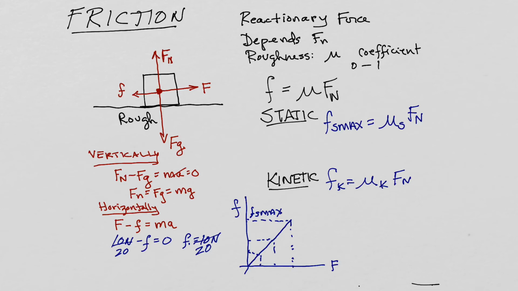And after that, then, the applied force, no matter what you apply, the friction can only be the kinetic friction. And this force is usually less than the maximum available friction.